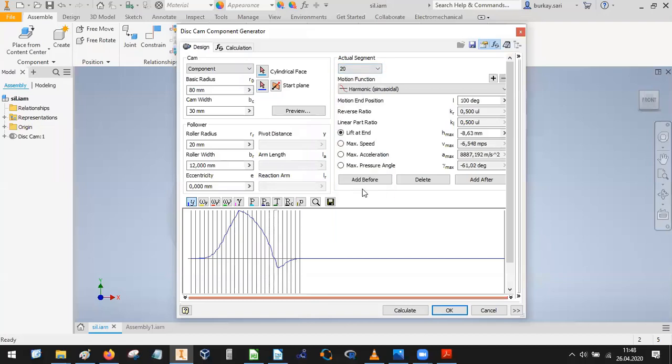After this one, we will just go to negative values. 100 degrees, minus 8.63 millimeter.